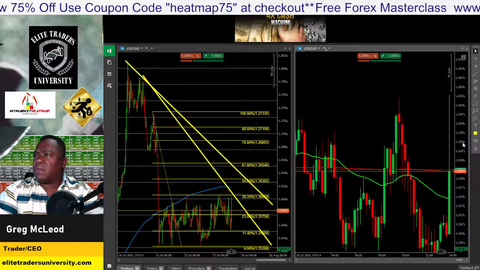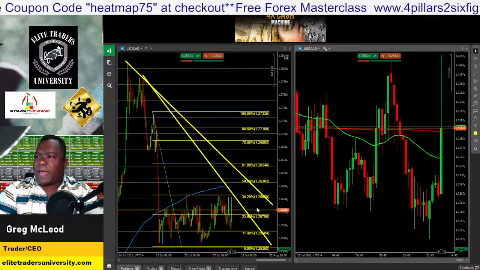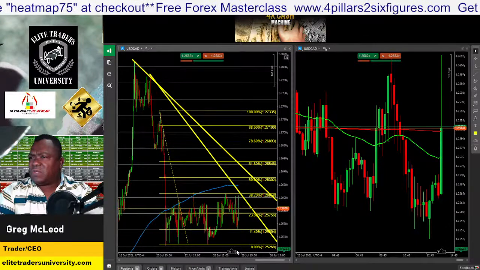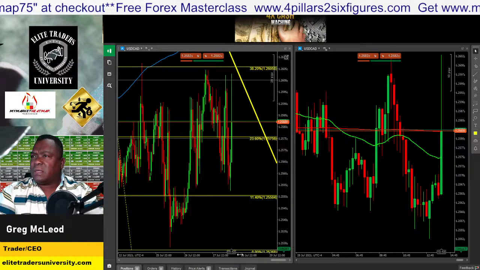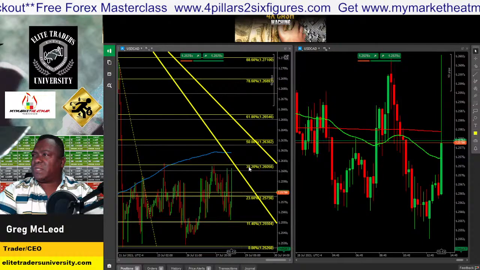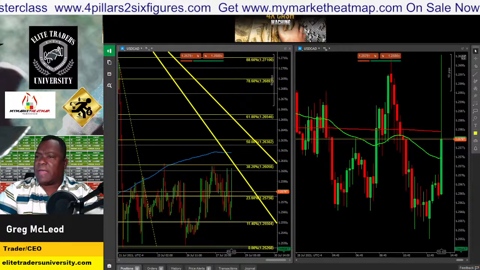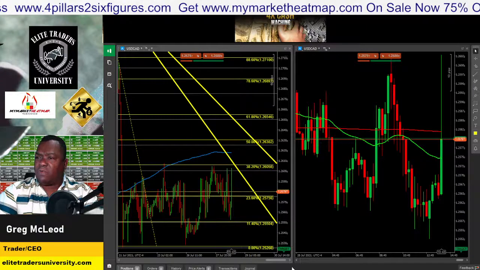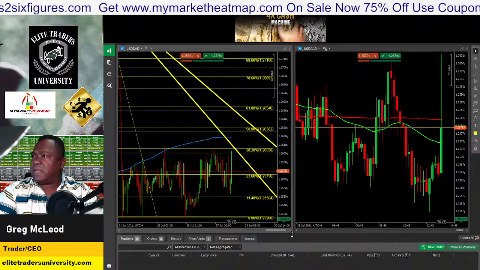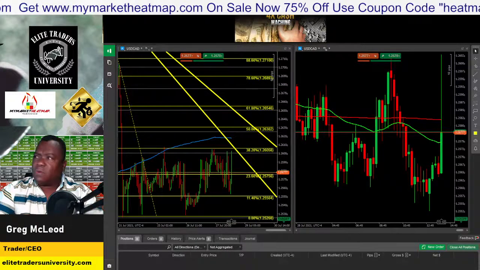We saw this really big candle up to the 1.26 area, and so it got close to our 38% retracement. Big long wick, and many people might have jumped on that. I didn't. Let me move this up a little bit. See that we are flat in the market. We have not taken any trades yet. So we're gonna watch this a little bit.